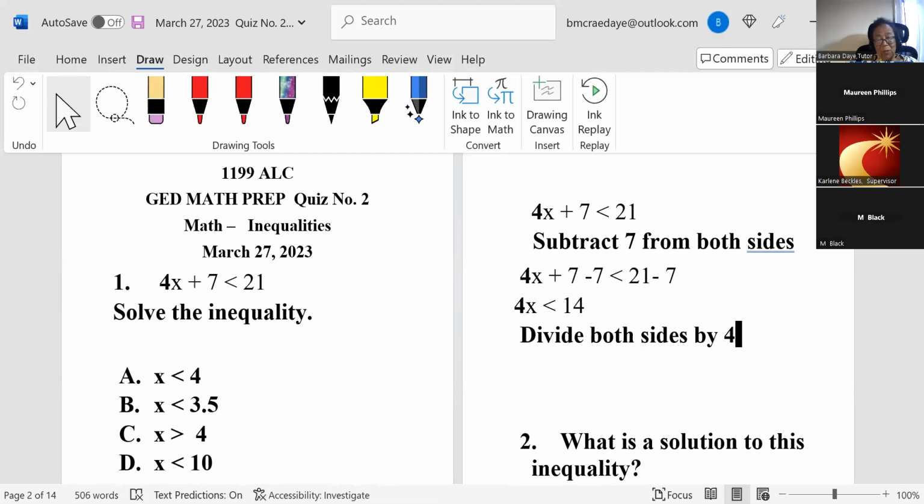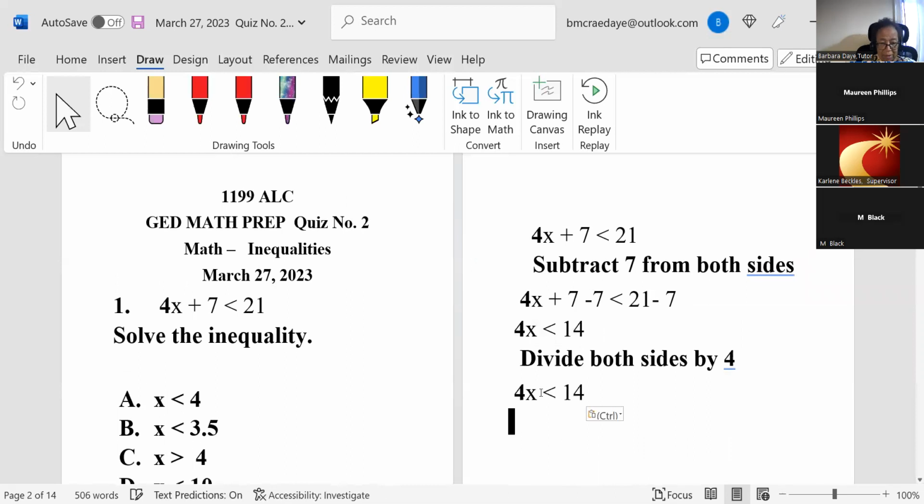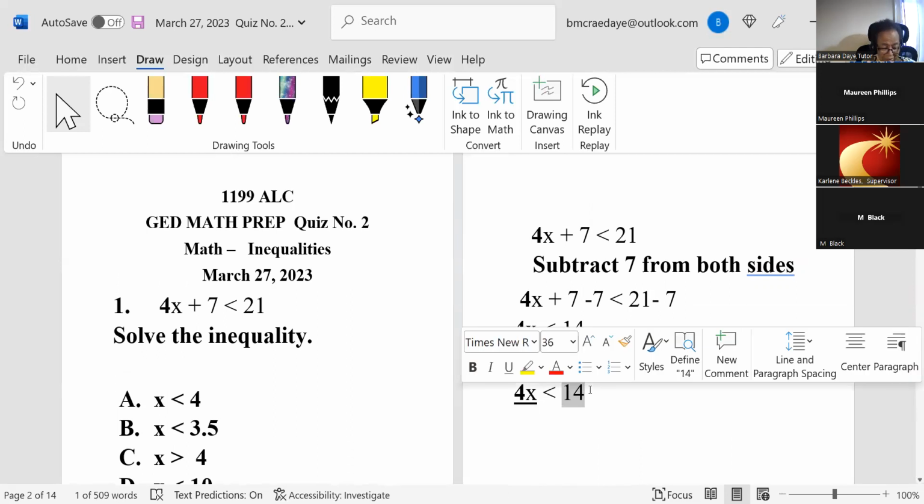And what would that give you, Mercedes? That will give 3.5, which means B is the answer. So you get x less than 3.5, let me just put the 4 here. I could have gotten it right if I didn't have a mistake too.